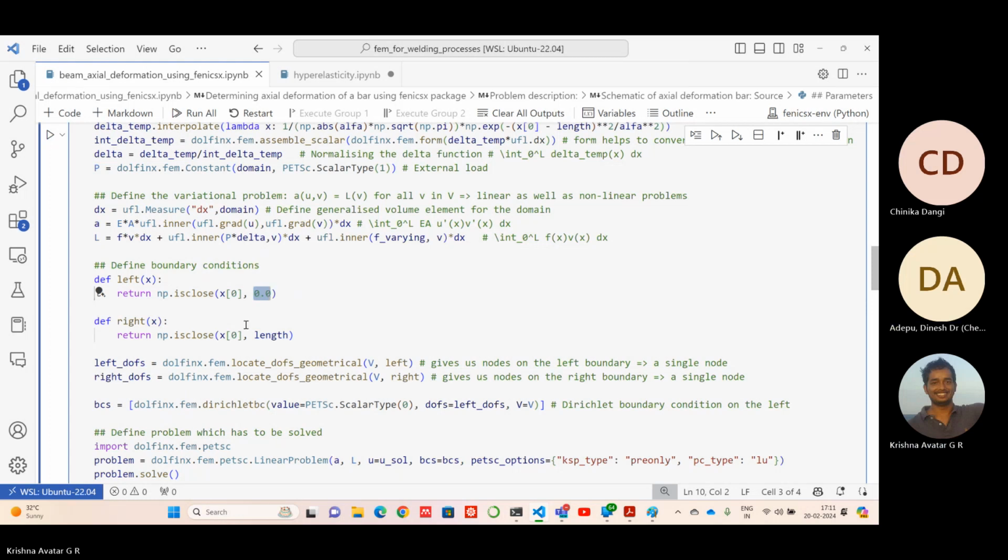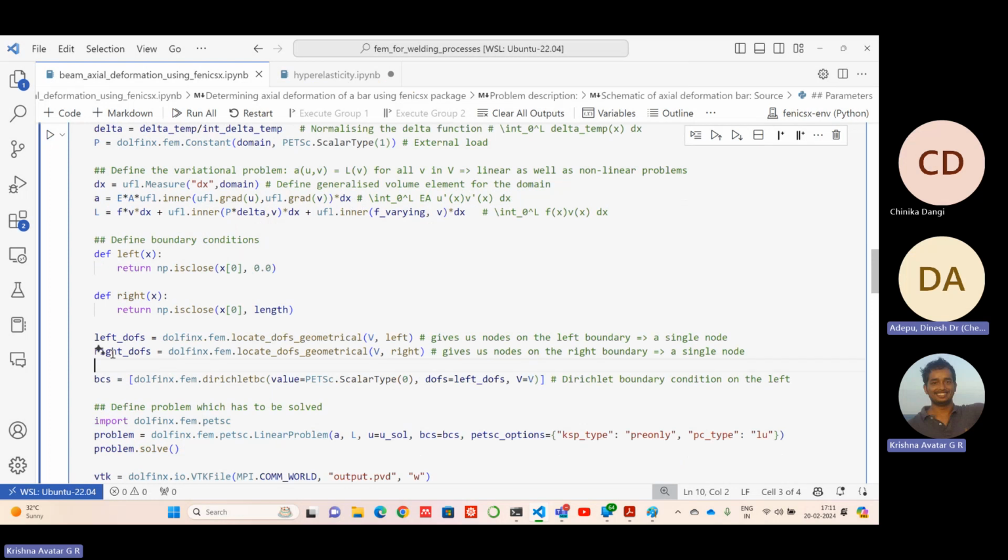It will just give us the left end. Likewise for right dofs, we use which is closest to the length. I'm just computing both for us to understand how to determine this, but we won't be using right dofs.